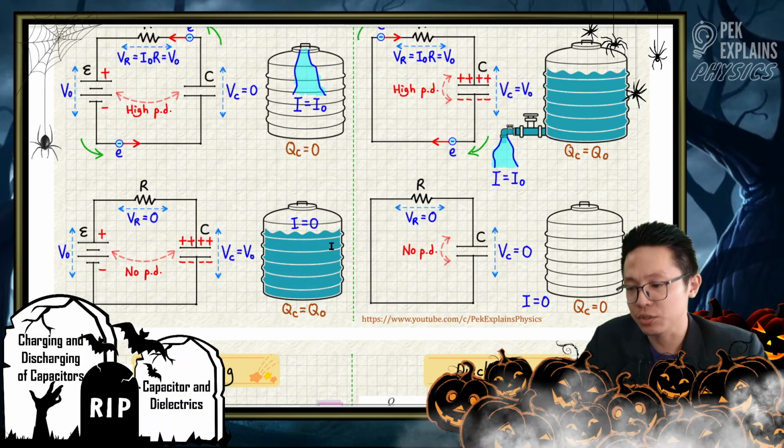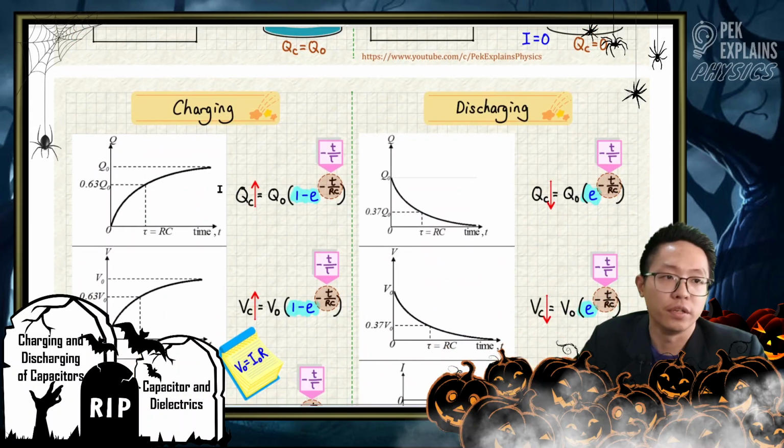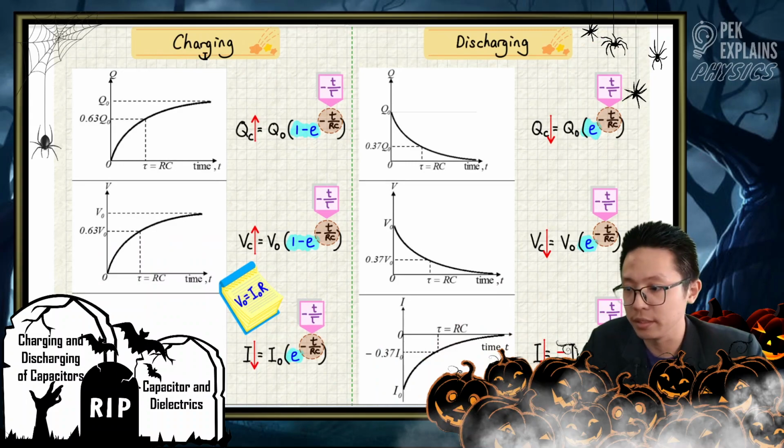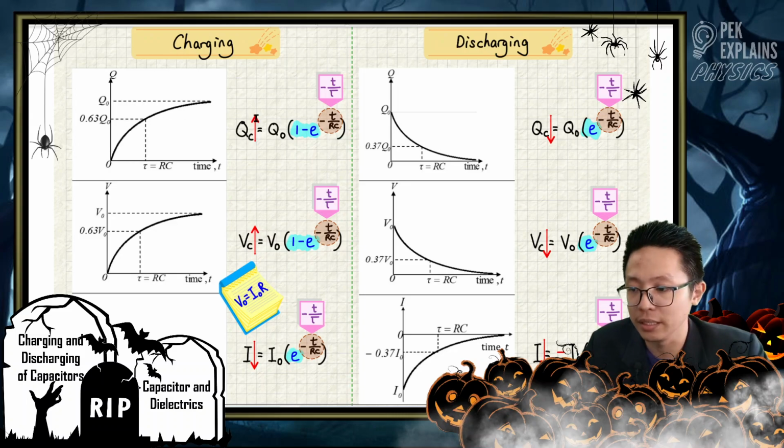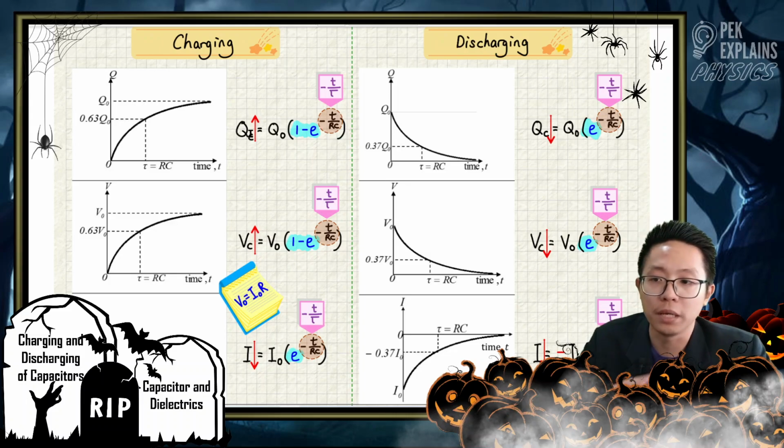If you look at the graph for the charging process, before it's being charged, the charge is 0, and then after some time, after being charged up, the charge in the capacitor increases. And when the charge in the capacitor increases, it builds up a potential difference across the two plates.